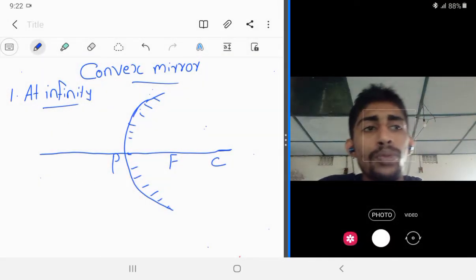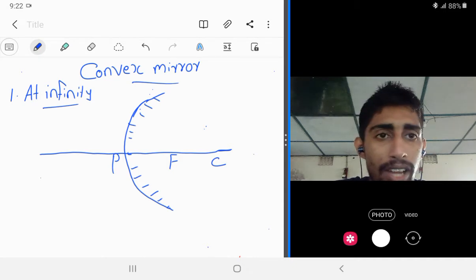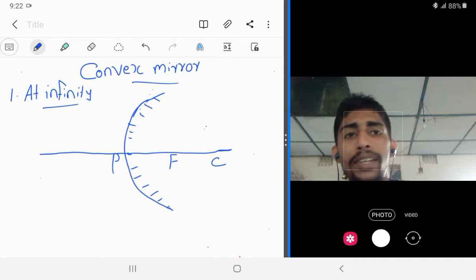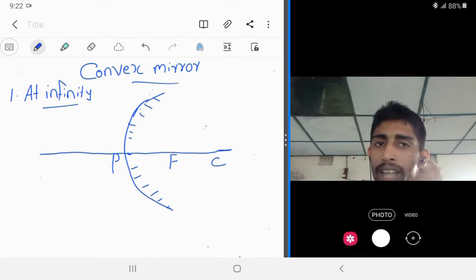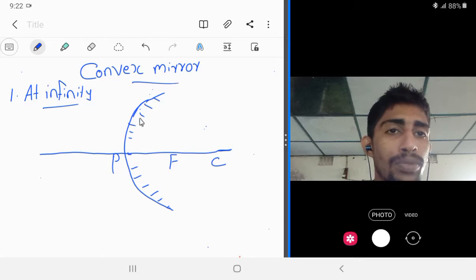Next, we are going to study image formation by the convex mirror. First, when we keep the object at infinity. We know that for a convex mirror the outer surface is polished and the inner surface is rough.